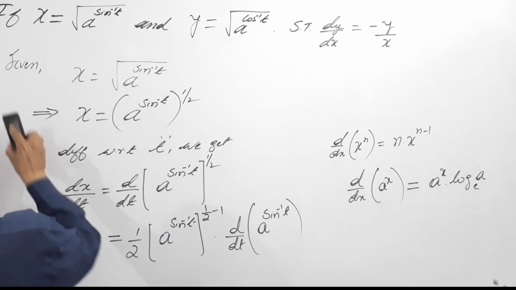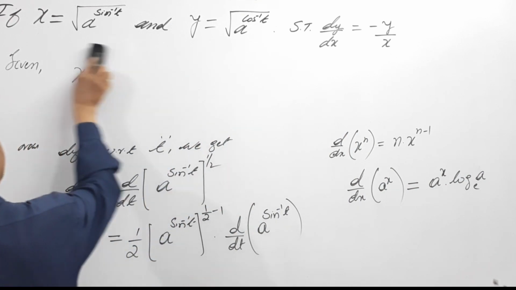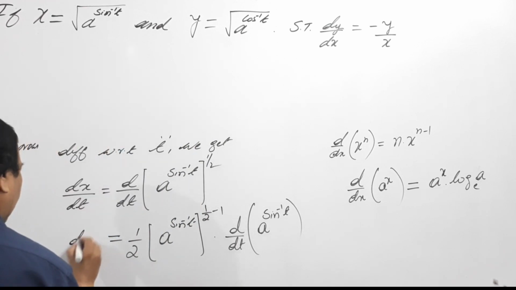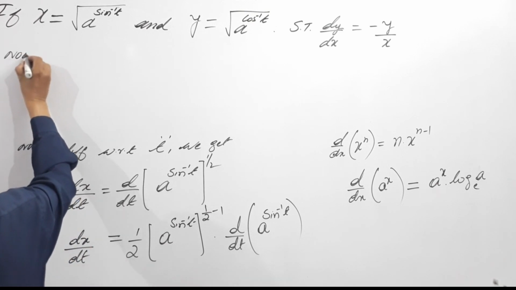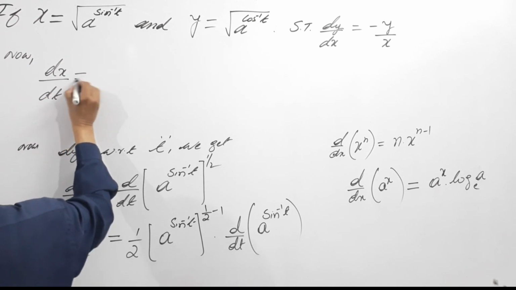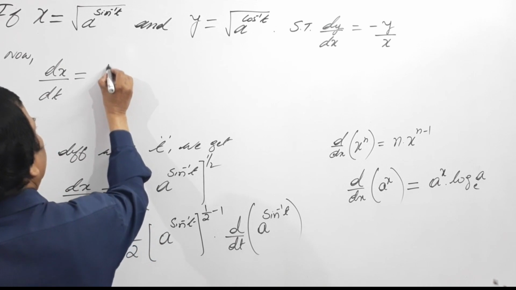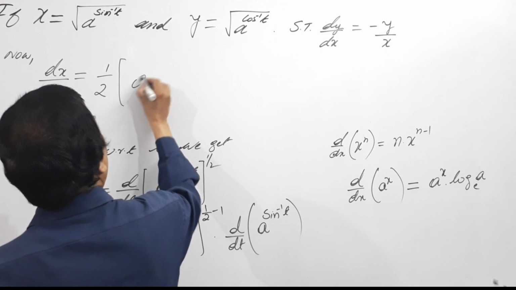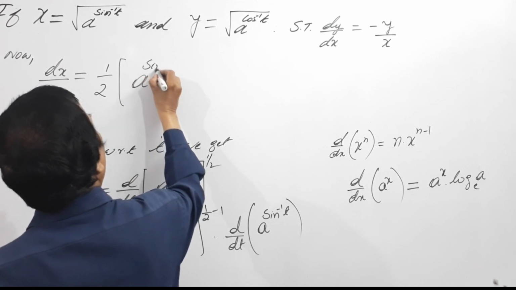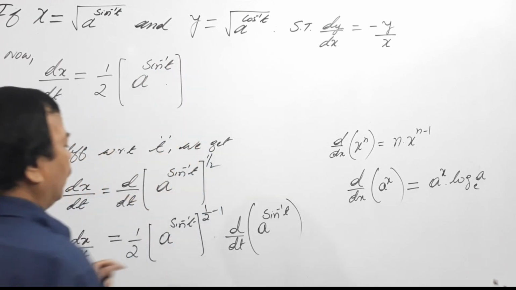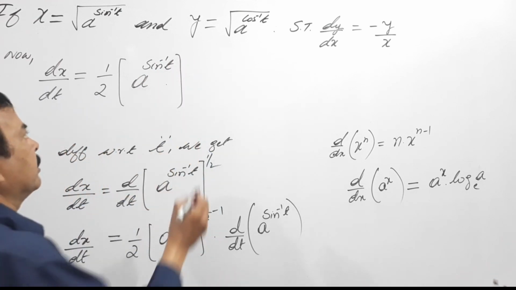So what I'll do, I'll rub this. So what is this? This is our dx by dt. Now dx by dt equals half we have, that is half, a to the power of sine inverse t, to the power of half minus 1, which is minus half.